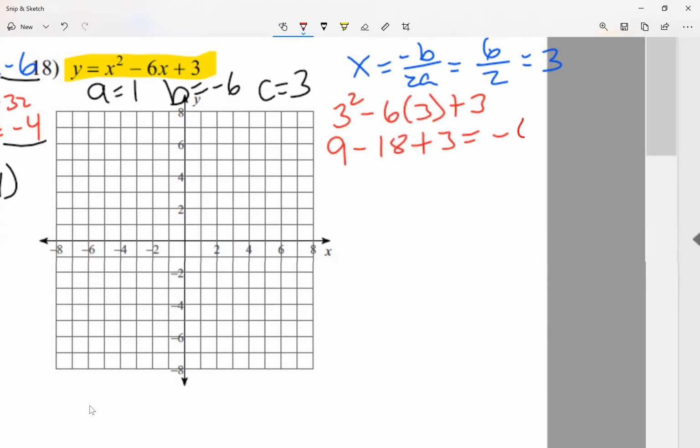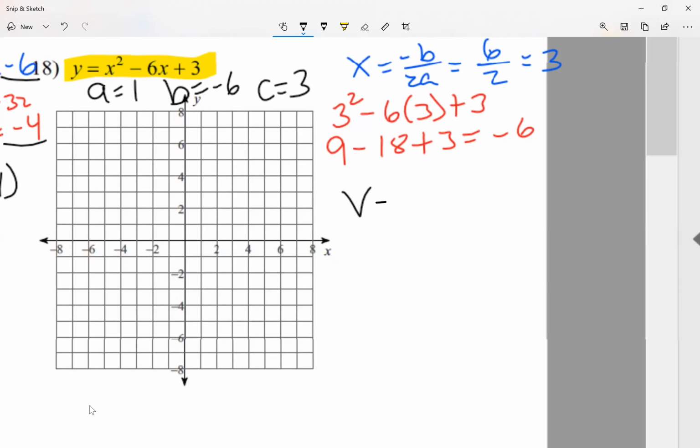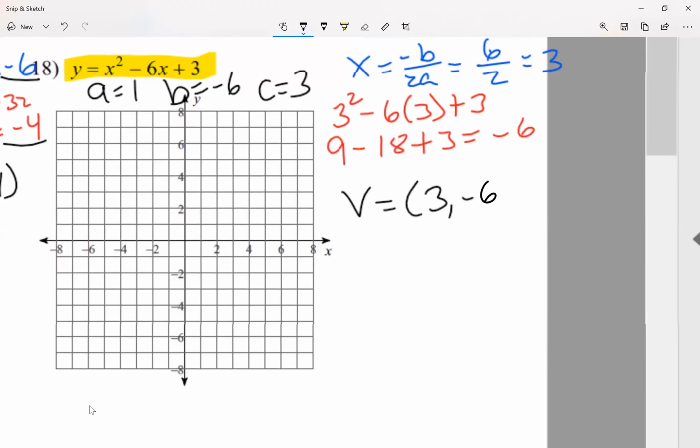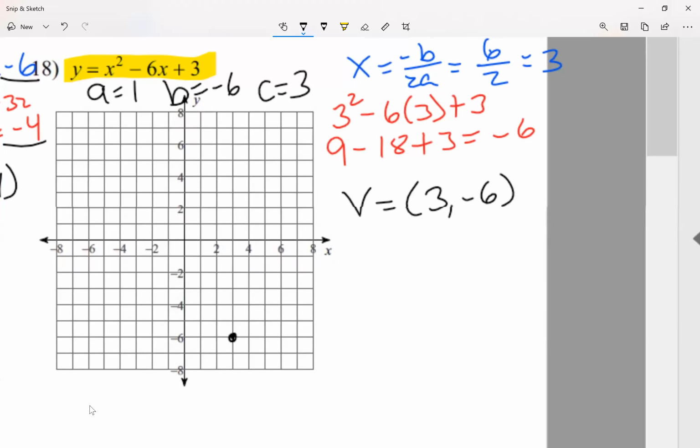That is -6. So I have my vertex. My vertex is the point 3, -6. There's my vertex. It is open up, so good, it's there.